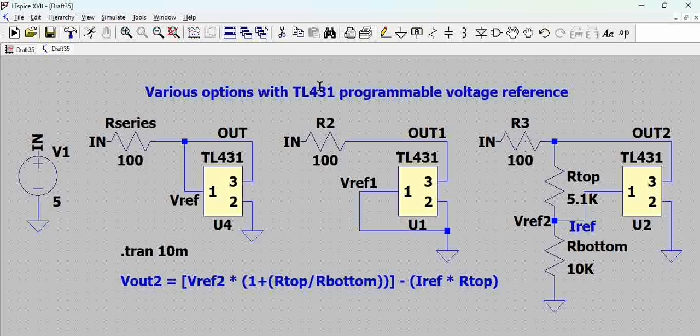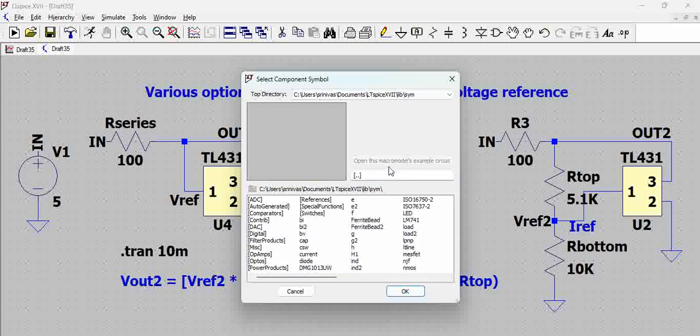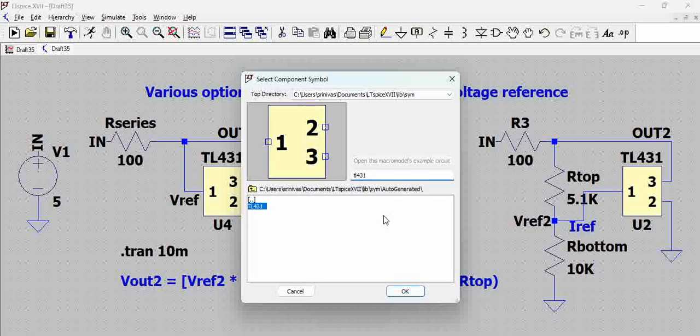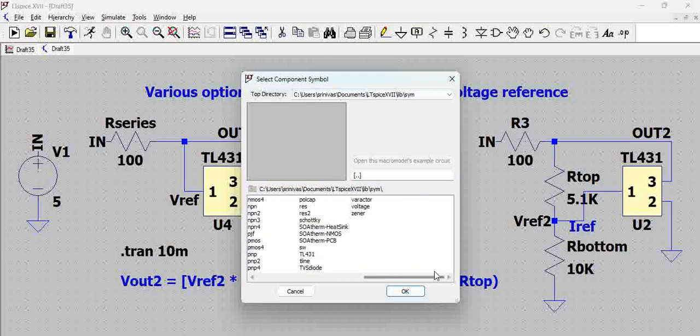So if you are using the TL431, you need to identify the resistors to generate your customized output voltage. Now, one point if you are working in LTspice: when you are trying to use a library, let us go back, there is a default TL431 in the library, which is this, and it has some issues with the simulation.